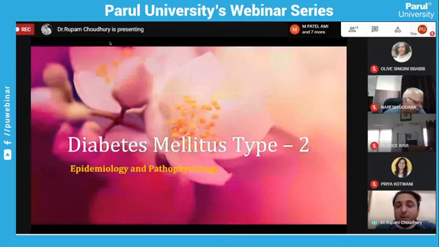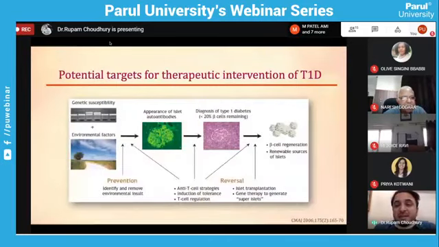So the modalities are like beta cell regeneration. We will have to try to regenerate the beta cells to save those patients from complications, and for euglycemia, definitely we need something that secretes insulin endogenously in the body.